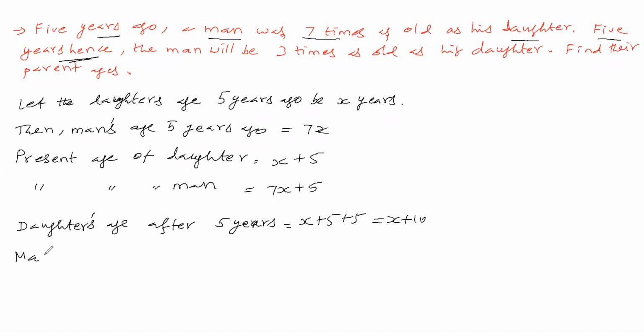Now the man's age after 5 years: present age is 7x plus 5, after 5 years means plus 5, therefore 7x plus 10.